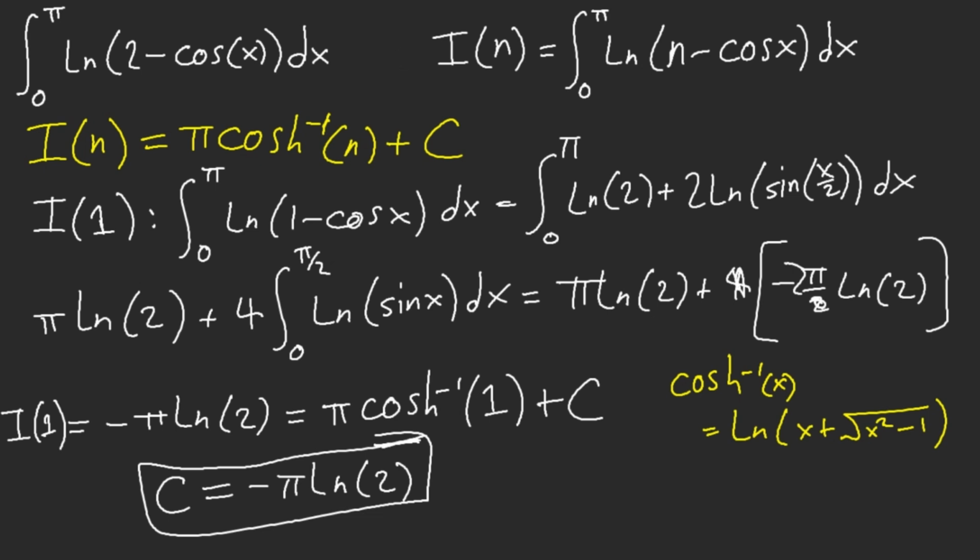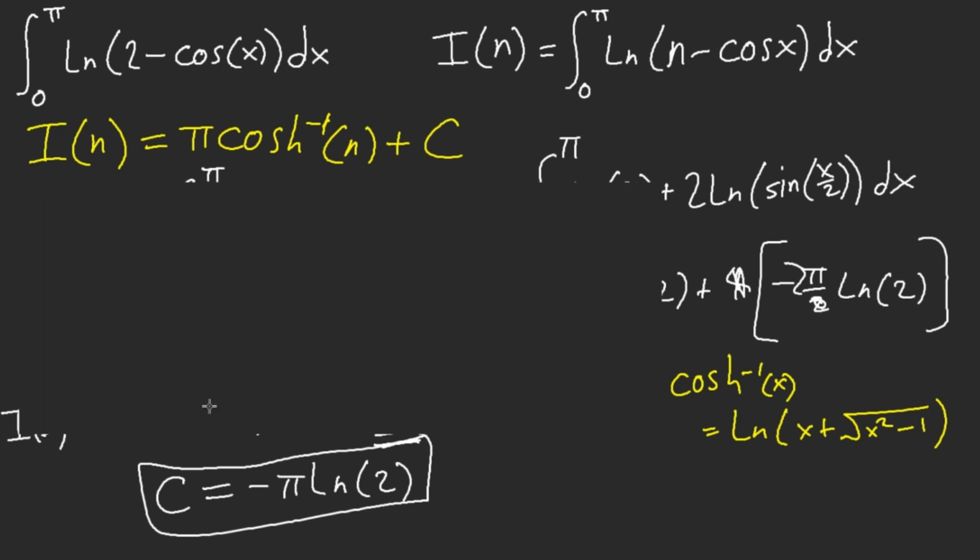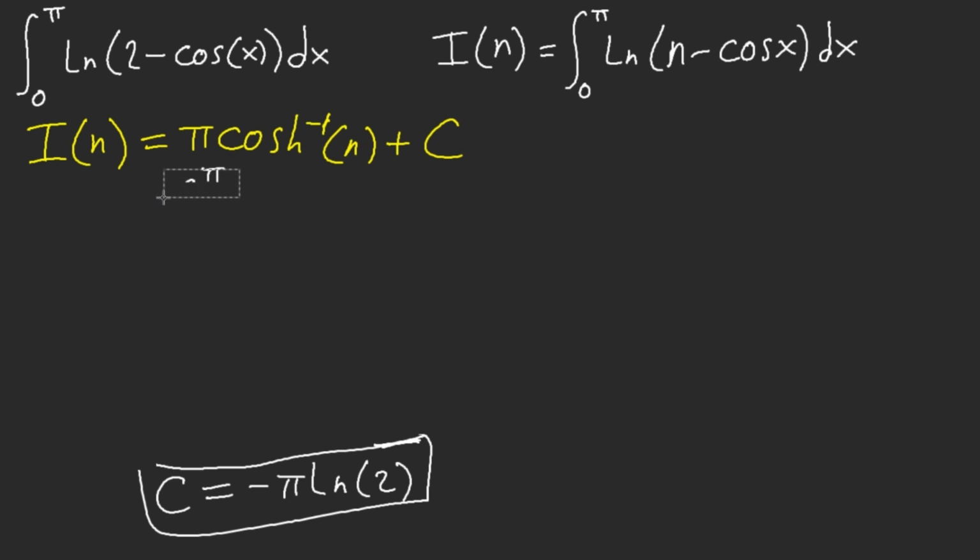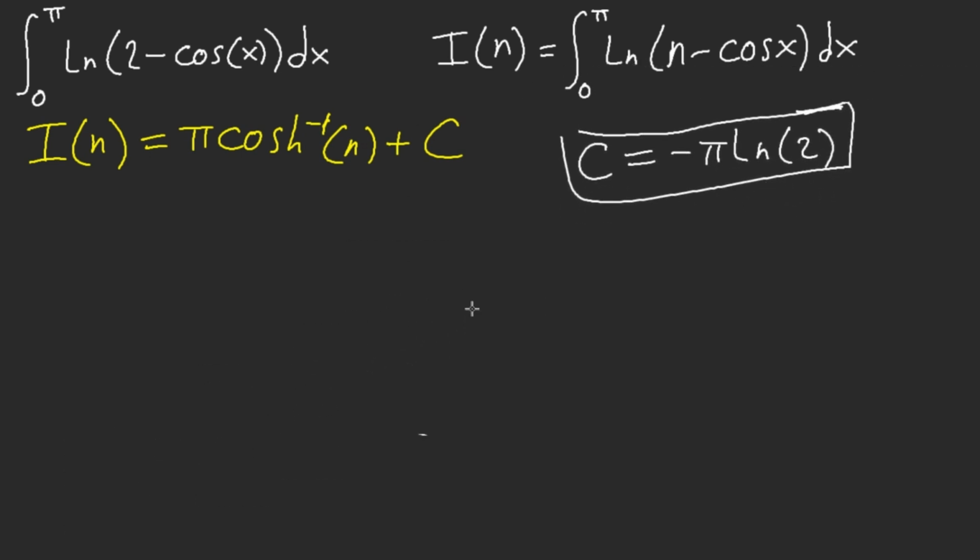So now I can go ahead and delete this whole mess. And now we see that c is equal to negative pi ln of 2.